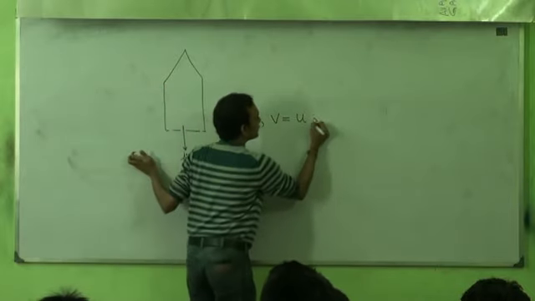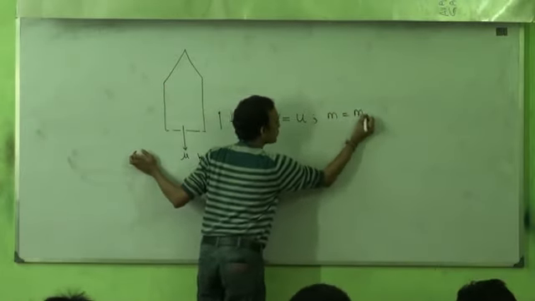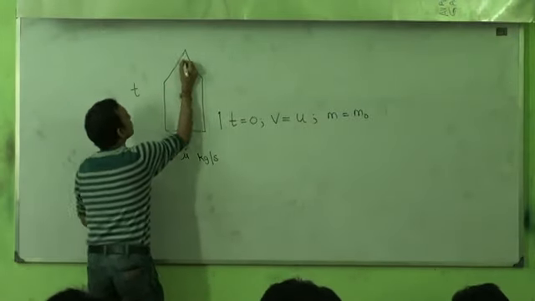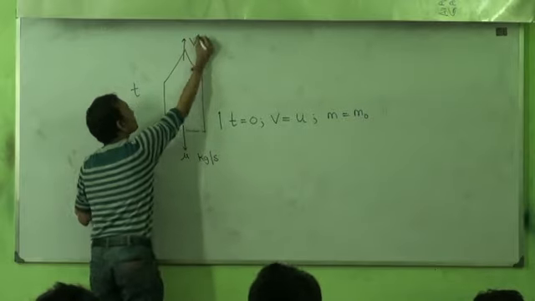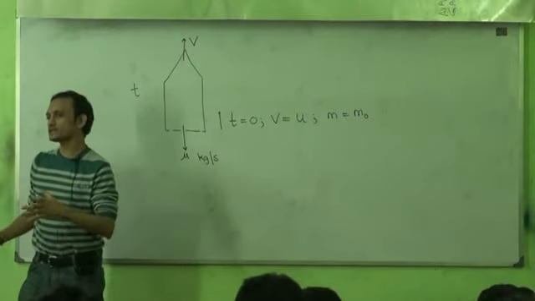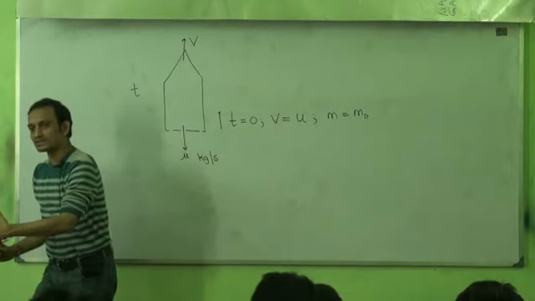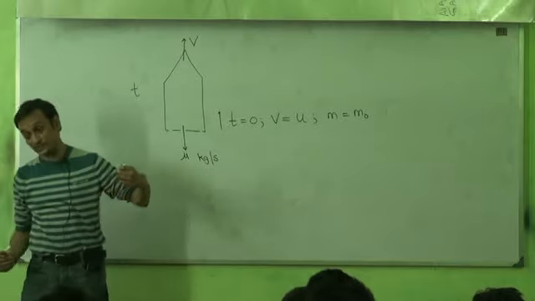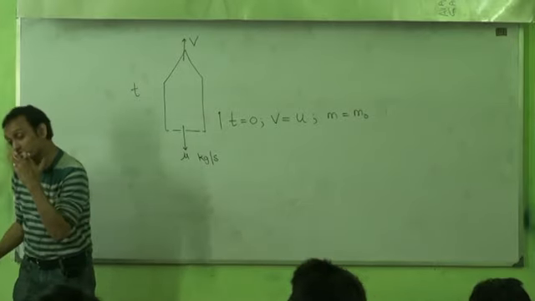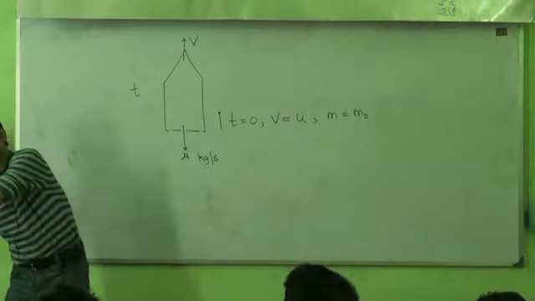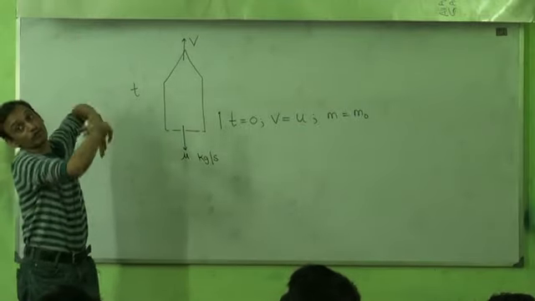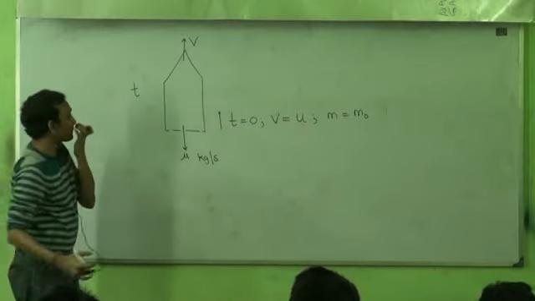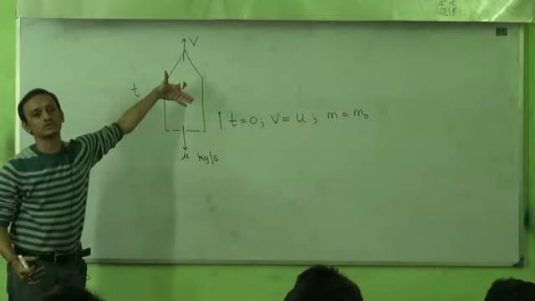The rocket had an initial mass m equal to m0. At an instant of time t, let's say the rocket developed a velocity v because it expelled a mass downwards, so it imparted momentum to this mass downwards, so it exerted a force downwards on the expelled mass. The expelled mass will therefore push it upwards. So it would progressively develop more and more velocity.